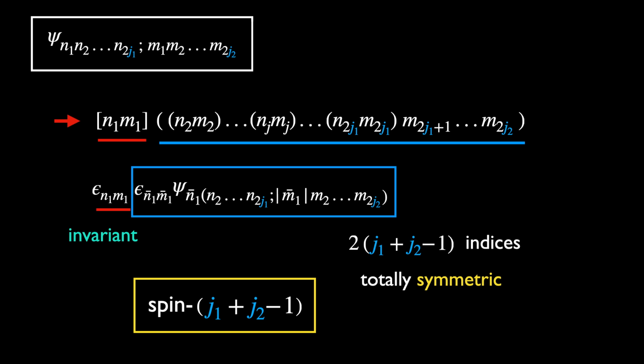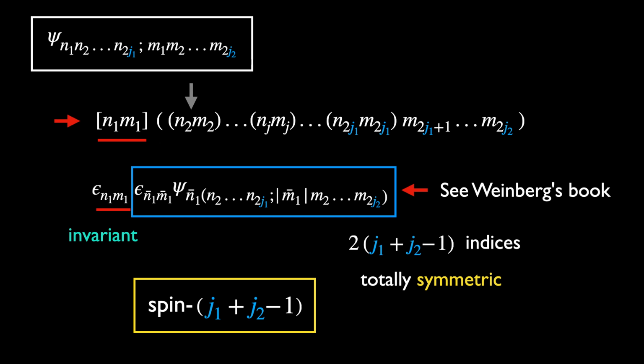This is the first of a series of lower-rank symmetric tensors that Weinberg referred to in his book, which represent the irreducible representations that could result from combining two spins. Note that there are also other terms with similar index structure, where it is the other pairs that are anti-symmetrised.